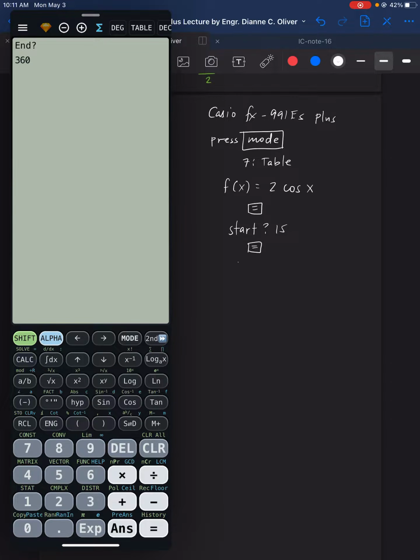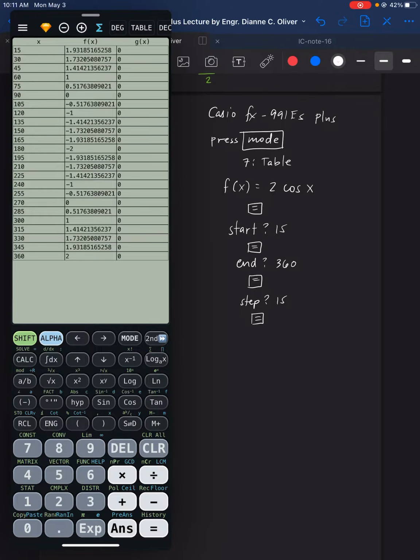And we will end at 360 degrees. Press equals. The step that we're taking is 15 degrees. Equals, so you got the table.